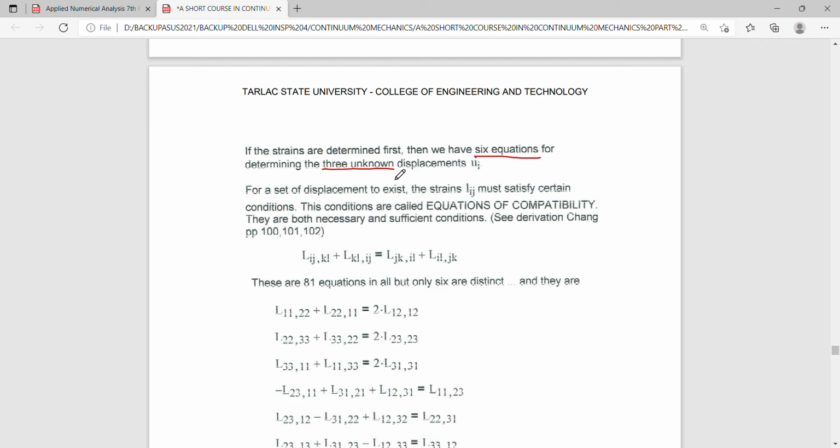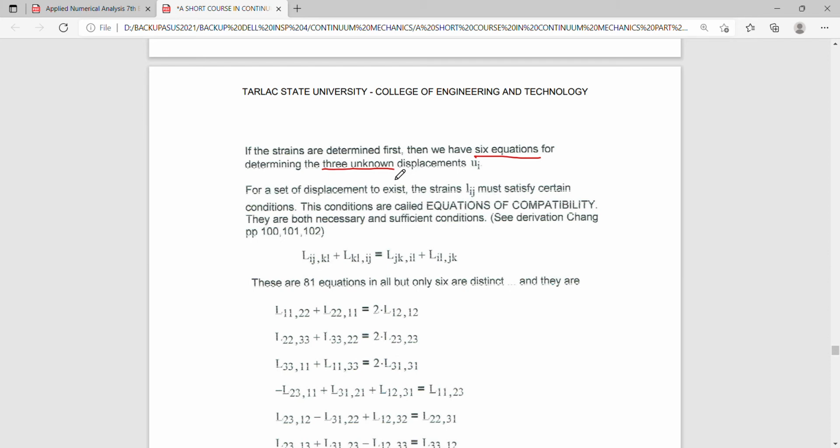So the particles moving inside the body are perhaps undergoing a logical, okay, motion by simply doing a check on these equations of compatibility.